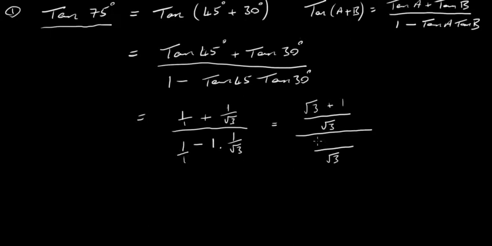So this time we get root 3 minus 1. And you can see if you flip this upside down and multiply, the root 3's will cancel, and we end up with root 3 plus 1 over root 3 minus 1. So that's our answer to the first one, tan of 75 degrees.